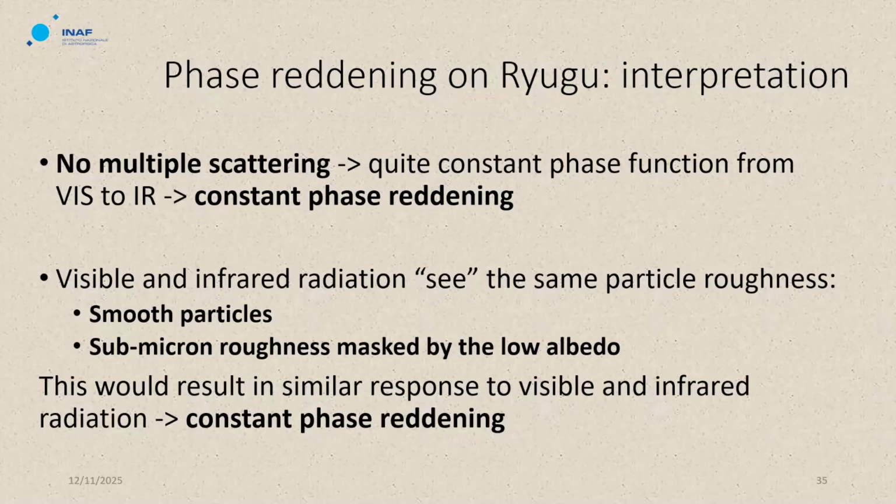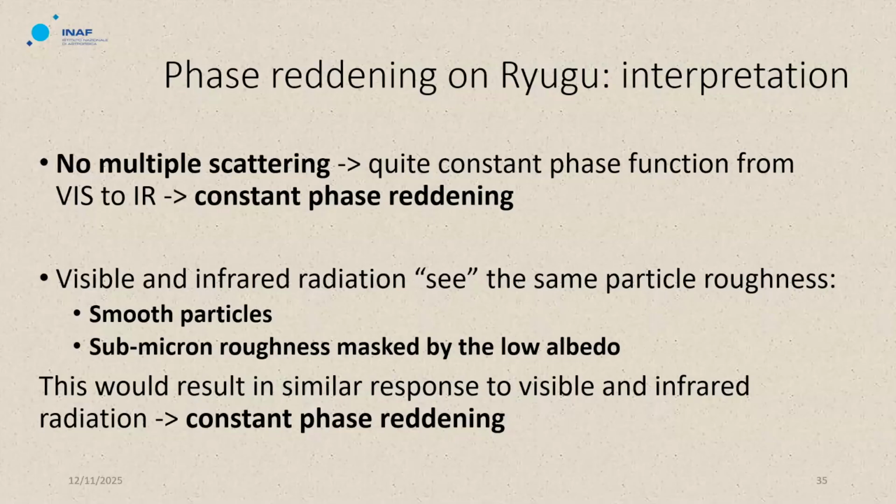But if we have very smooth particles, the interaction is the same because there is smaller roughness, and this could be the case of Ryugu. Another possible explanation is that there are variations with submicron roughness, but they are masked, they are both extinct from the low albedo.